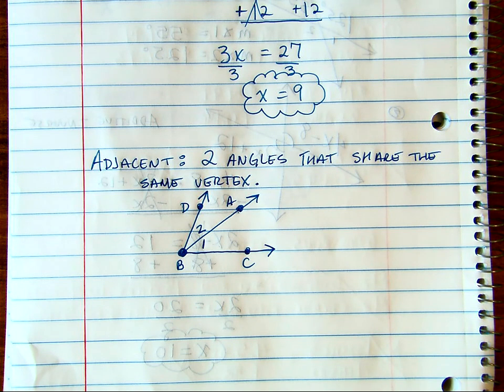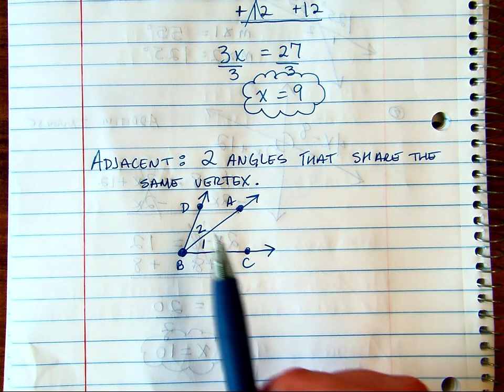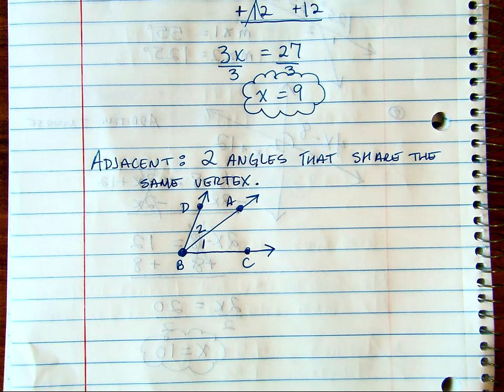I also have angle DBC, is the whole thing. That would be correct. That is called adjacent angles. This is non-adjacent.